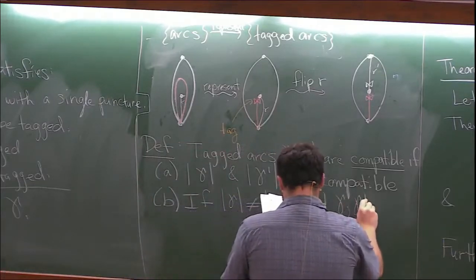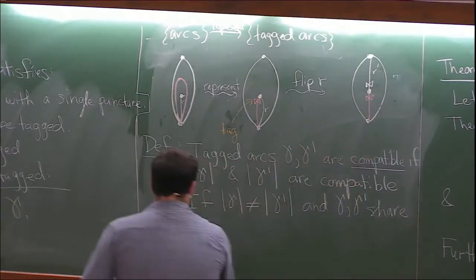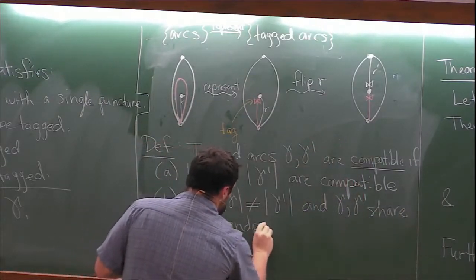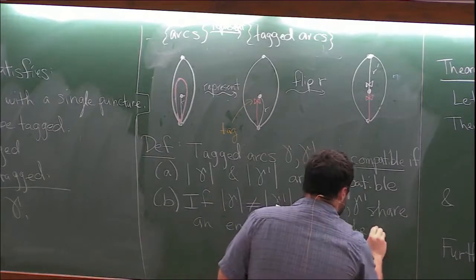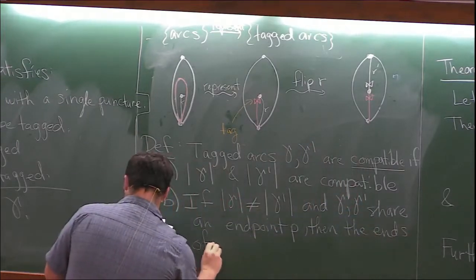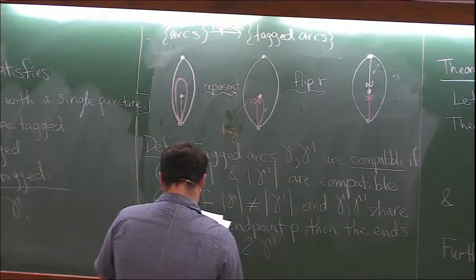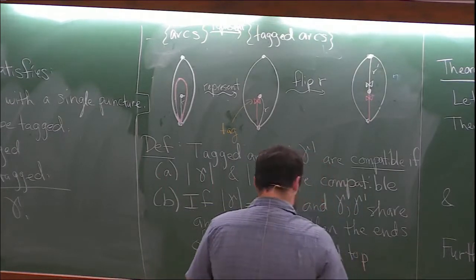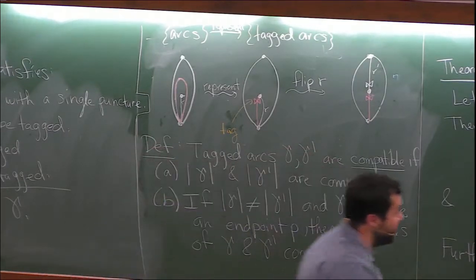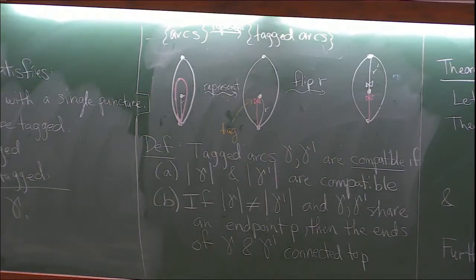And if gamma and gamma prime share an endpoint, call it P, then the ends of gamma and gamma prime that are connected to P must both be untagged or both be tagged.